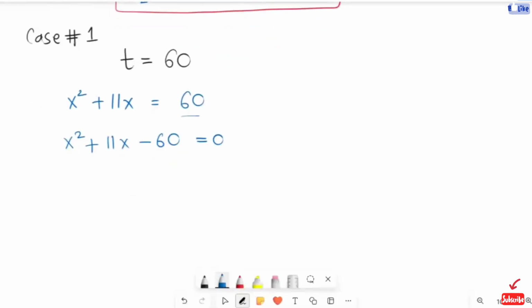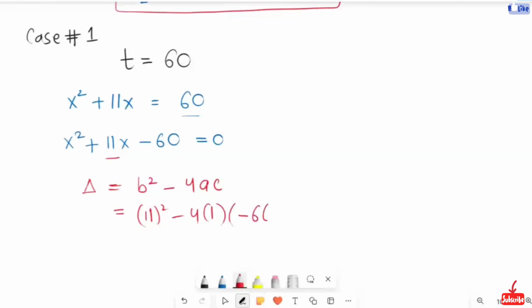Now here we get the quadratic equation. So moving on further, first I am going to find out the discriminant. So the formula for the discriminant we have. Here we have b is 11, a is 1, and c is minus 60.